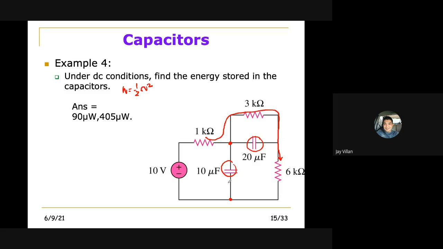Clear? Okay. That will be your seat work for this morning, but you will solve that later, after our discussion of other concepts with capacitors.